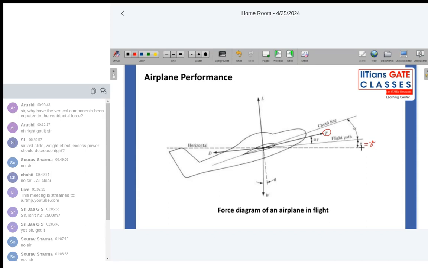We have drawn a vertical axis perpendicular to the horizontal axis, and a line perpendicular to the flight path. If this angle is gamma, this angle is also gamma. The angle between the vertical axis and the perpendicular to the flight path is also gamma. Any doubt here? Because if you understand this diagram, we can proceed further.